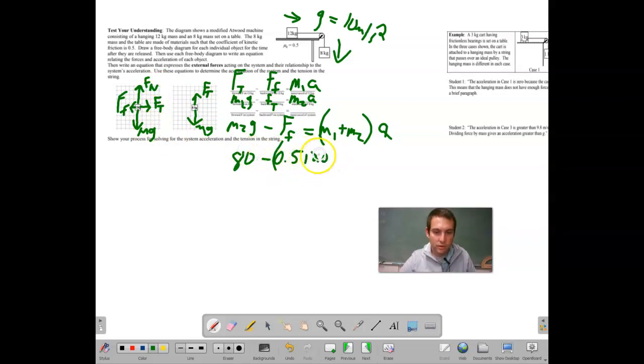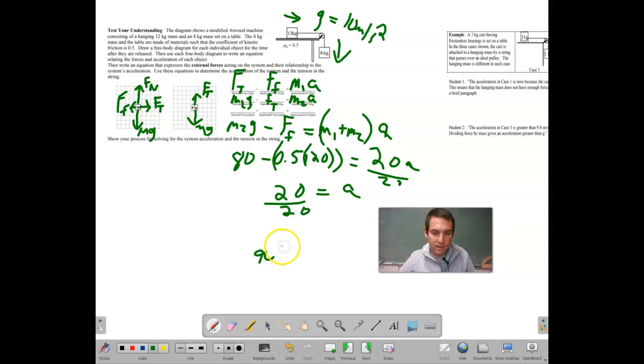So this was 120. So half of 120 equals combined mass 20 times A. So we have 80 minus 60 is 20. Divide 20 from each side to get A all by itself. And we have A equals 1 meter per second squared.